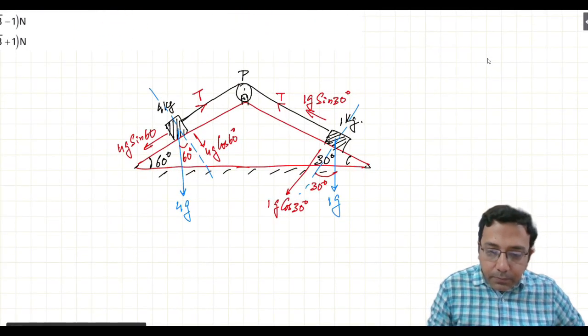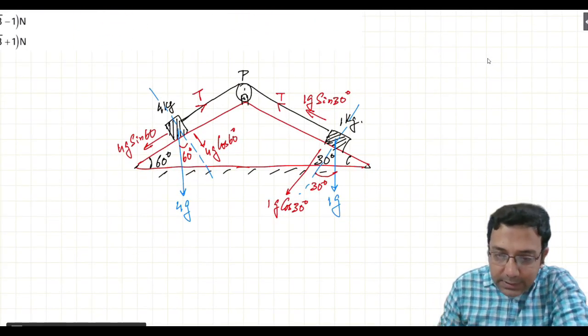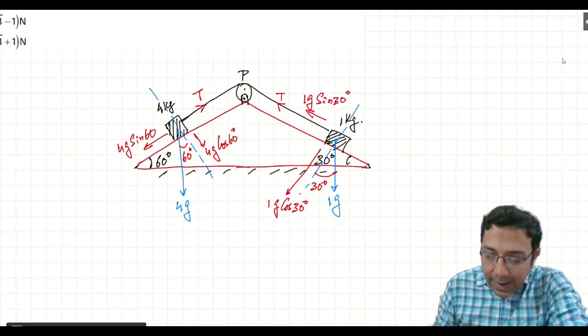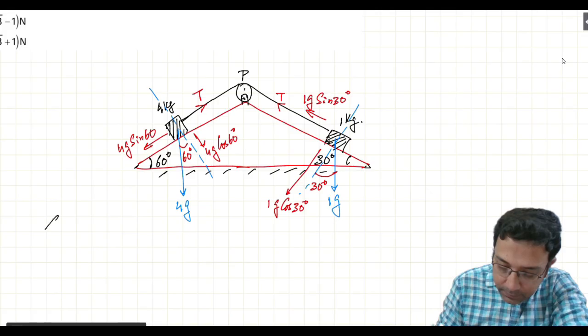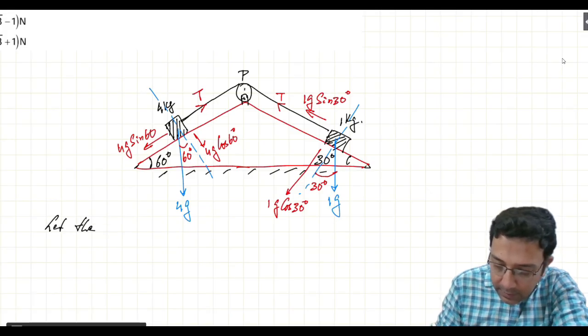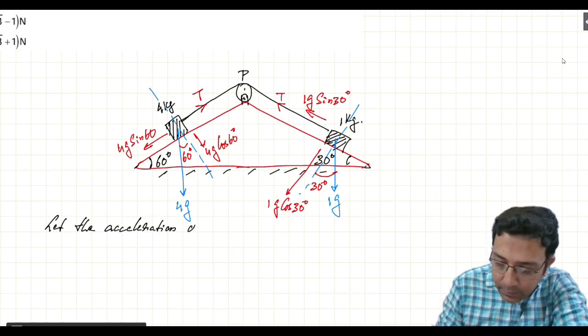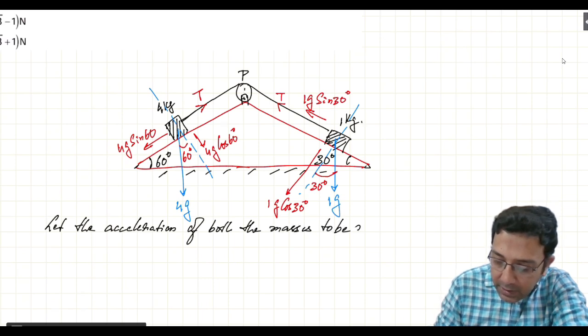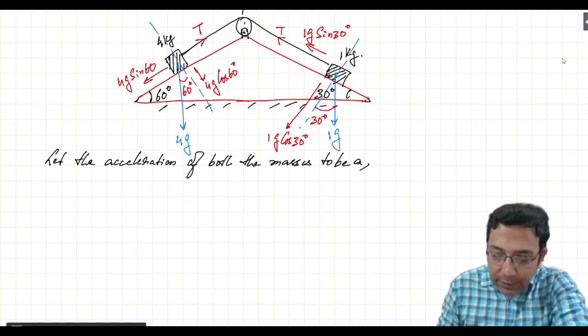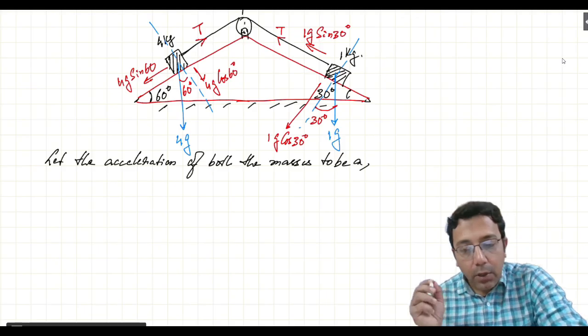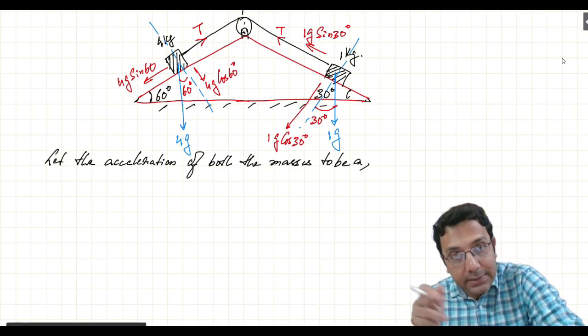Now if you apply Newton's second law, let the acceleration of both the masses be a. We can write that 4g sin 60 is bringing it down.